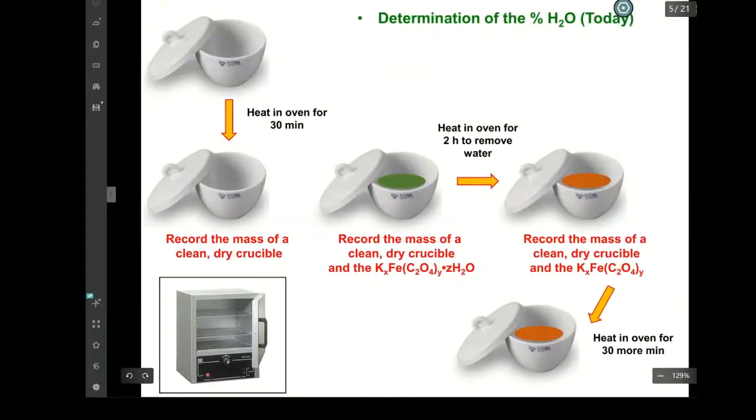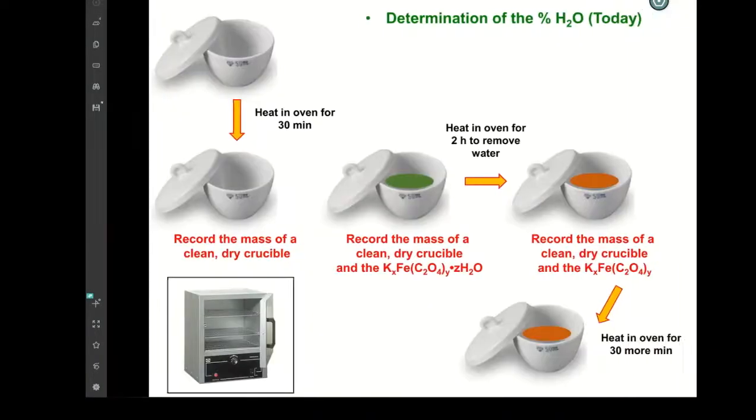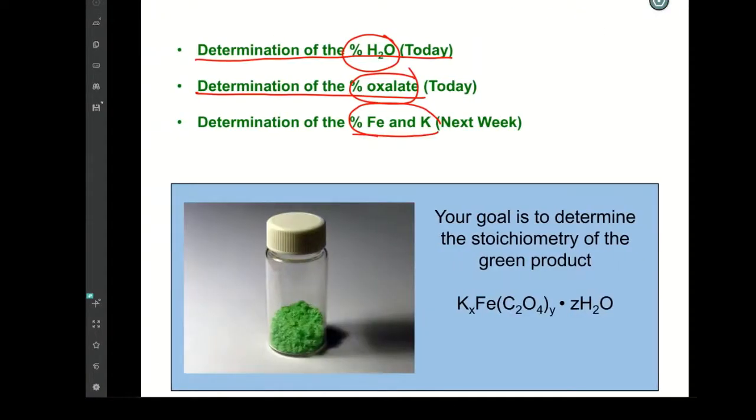Okay, so for the percent water, let me go back real fast. Our green crystals have some ionic compound, and then we see this dot, and we see water over here, and these are waters of crystallization, and oftentimes they can be removed if we heat the compound up.